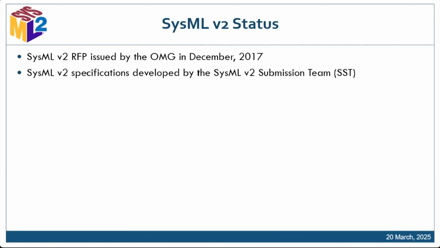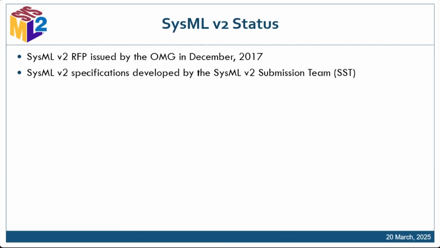Well, I guess he stepped out. I think it was in San Diego. At that meeting, we kicked off the SysML v2 submission team. So the RFP got issued, we were ready to go. We had done a lot of pre-work and we kicked off the submission team. We called it the SST, the SysML v2 submission team.